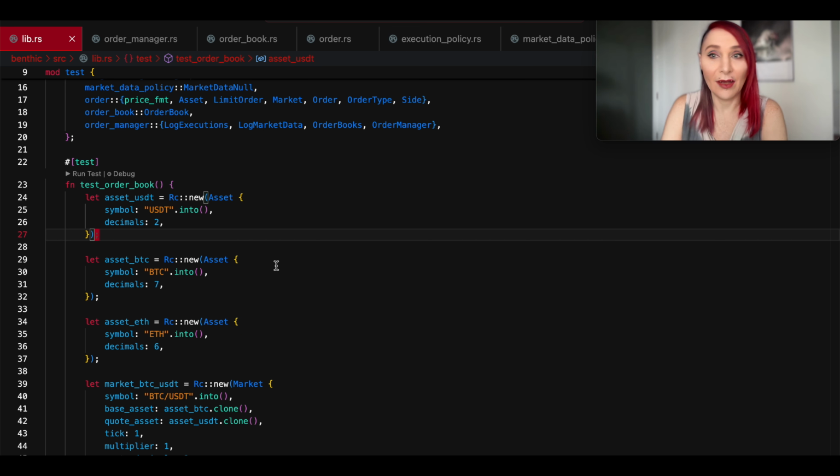So we can see that first we create an account for user 1001 and we create another account for user 1002. We also deposit some assets to those users. We deposit 2 Bitcoin at the price of $50,000 to user 1, and we deposit 20 Ethereum worth $4,000 to user 2.